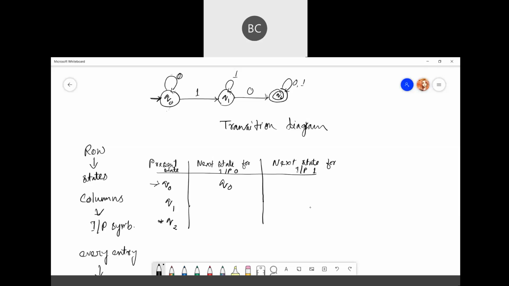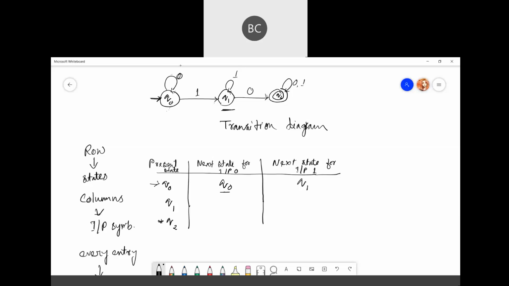So it is Q0. From Q0, what is the next state for the input 1? After reading 1, it is moving to the state Q1. So you will write Q1 here. So for Q0, for both symbols 0 and 1, you have written the entries. For Q0, after reading input 0, you reach Q0 again.